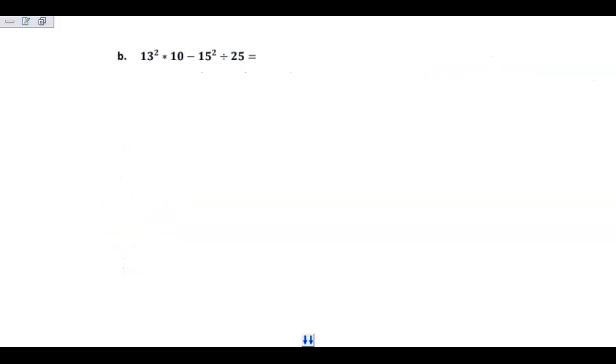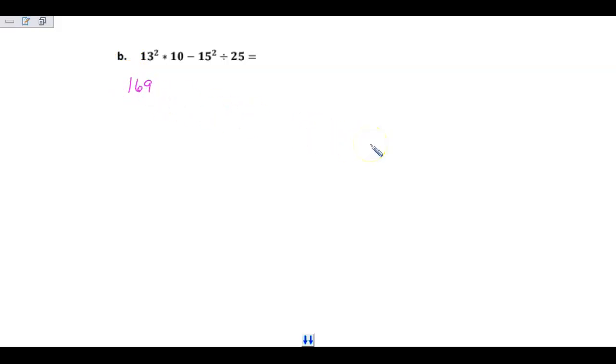Here's our next example. We have 13 squared times 10 minus 15 squared divided by 25. You see that there are 2 exponents here: 13 squared and 15 squared. If I square 13, I get 169. 13 times 13 is 169.